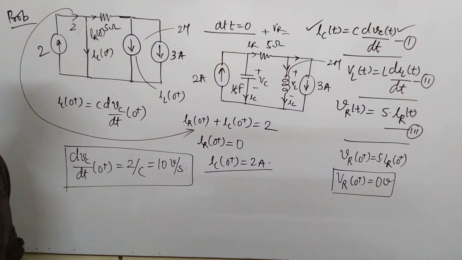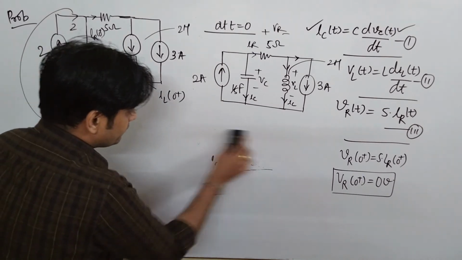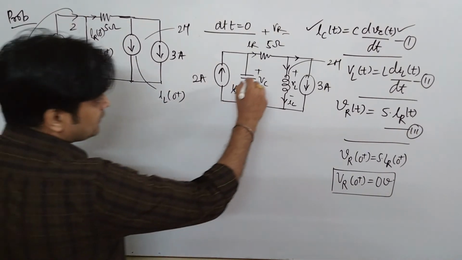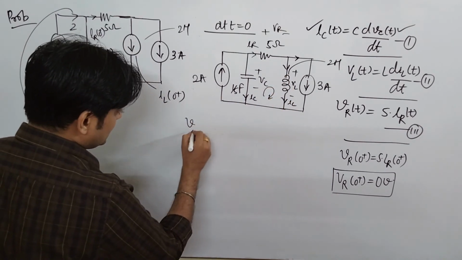Now we have to find dIL by dt at 0 positive. How do we find it? Just focus here. For finding out this VL(t), if you apply the formula, it is simple KVL.